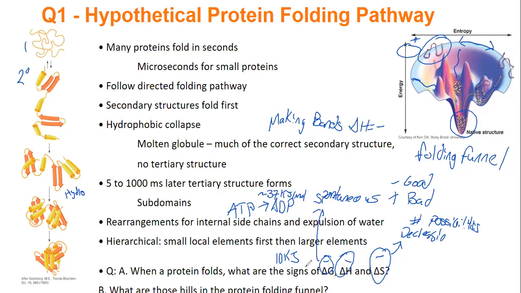So our next part is, I didn't talk about this, but there's little hills here in our folding funnel. What do those little hills mean? Can anyone hazard a guess what these little hills are? Why does my folding funnel have these little hills?